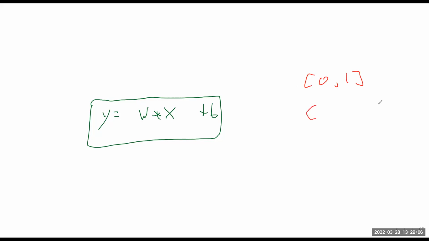In MNIST, we have 0, 1, 2, ... 9. In iris, setosa, virginica, versicolor, or 0, 1, 2, right? We're always predicting classes. In linear regression, we predict real valued numbers.